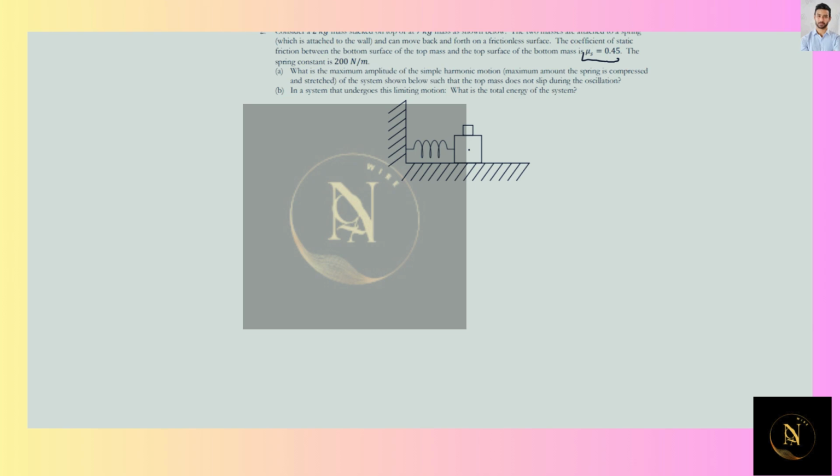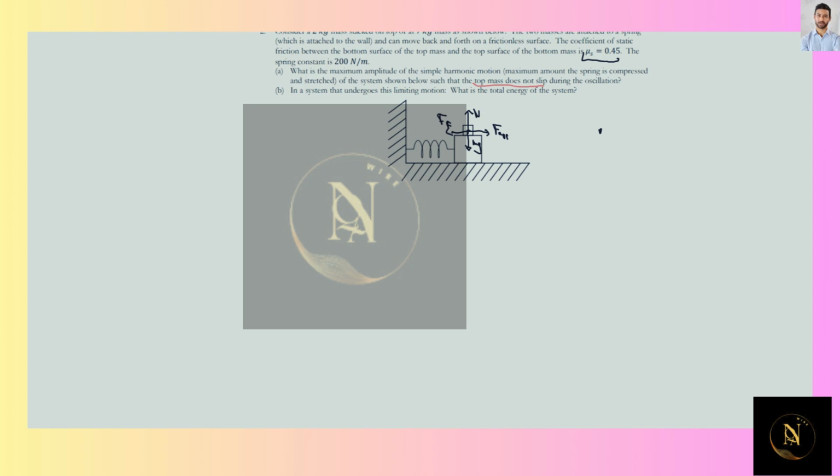The consideration is that the top mass must not slip during the oscillation. Thus, the force diagram for this small mass has the normal force going up, mg going down, the applied force, and the force of friction.